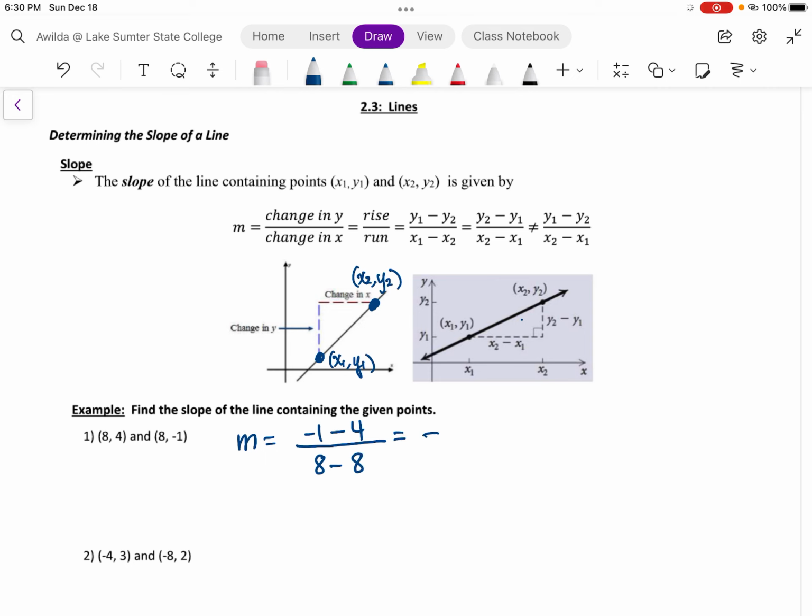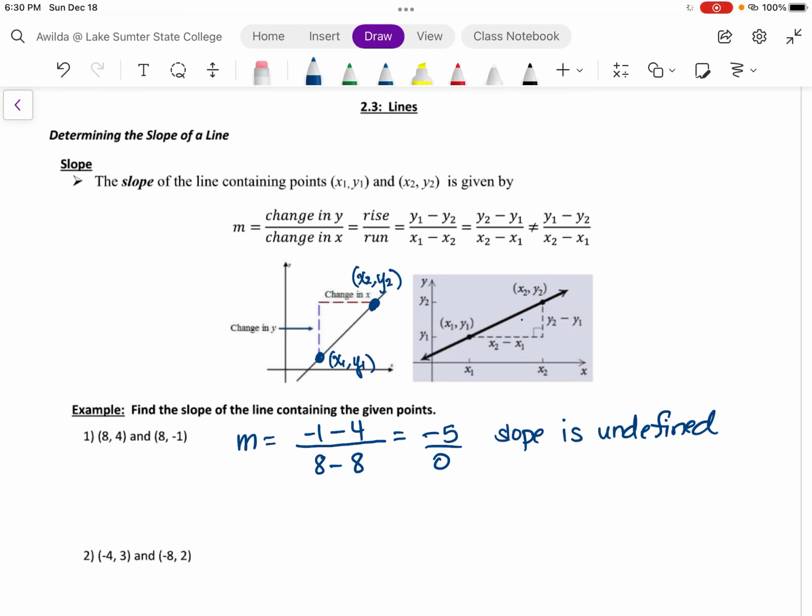So we get -5 divided by 0, which is a problem because division by 0 is not defined. That means that the slope of this line is undefined. Undefined is not a number, so don't mistake it to be the same as 0. It simply means that we attempted to divide by 0, and that is not a defined operation.